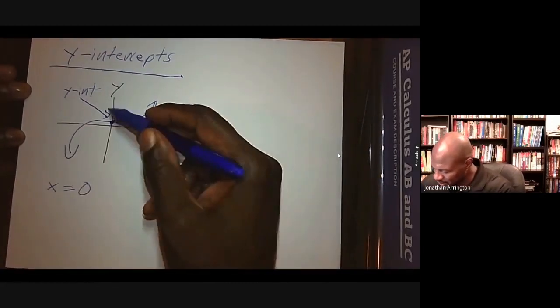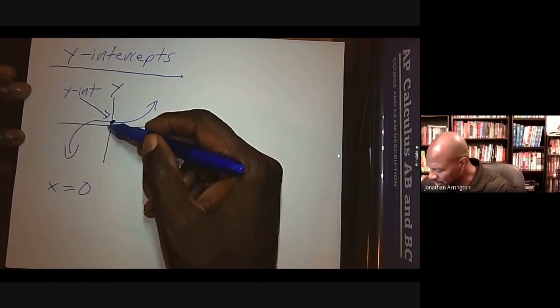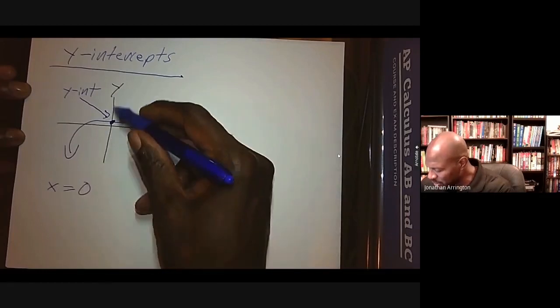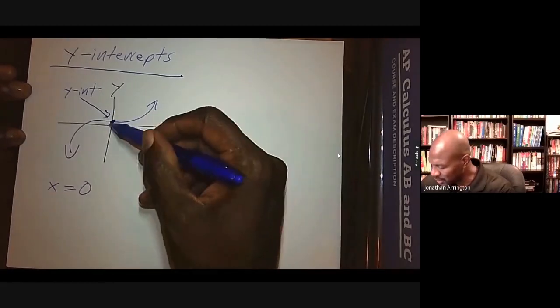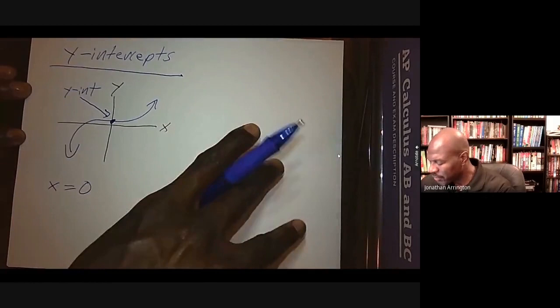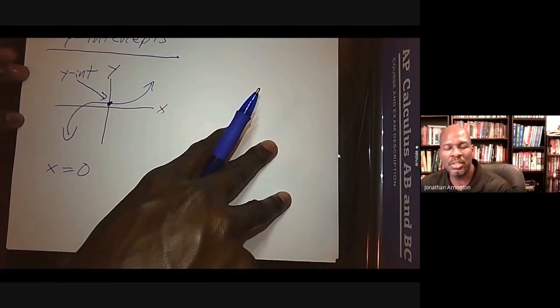If any function crosses any part of the Y-axis, the value of X is going to be 0, because X is 0 on the Y-axis. So if I want to know the Y-intercept of a function, I just need to know the value of the function when X is 0.